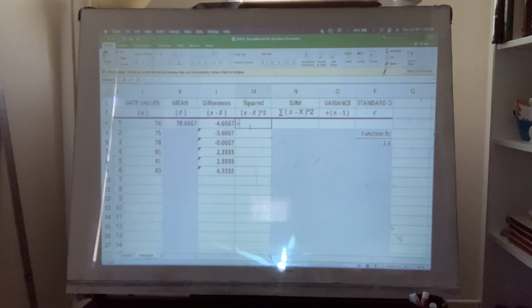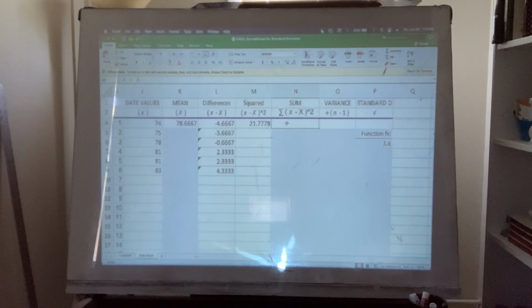So you start by pressing equals rather than ending by pressing equals. Then you highlight the location of the data from start to finish, and in this case now it's column L, row 4, to column L, row 9. And you hit caret, the upward pointing arrow, and then 2 to square it. And there you have it, 21.7 repeating.